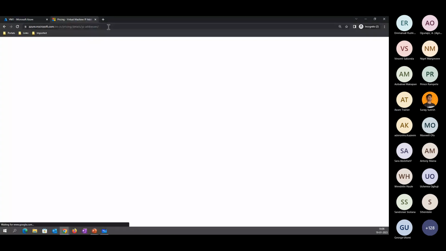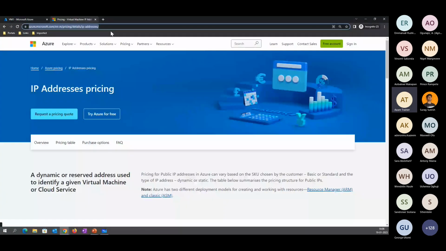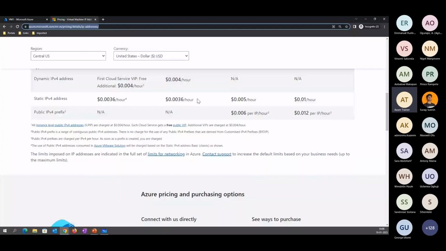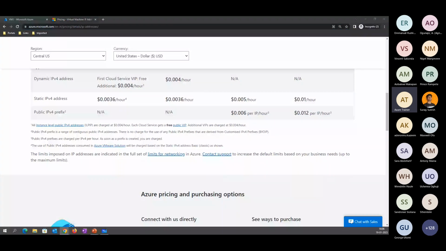In an organization, the public IP address is charged per hour. If you take an organization where 10,000 VMs are hosted, and all 10,000 VMs are hosted with a public IP address, we may have to pay a high amount to the cloud service provider.